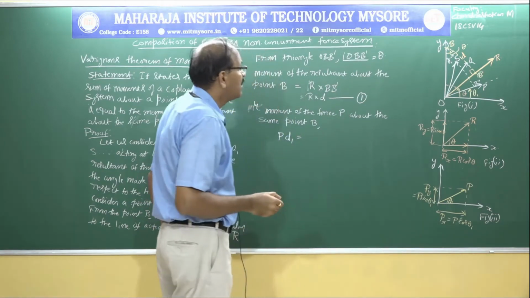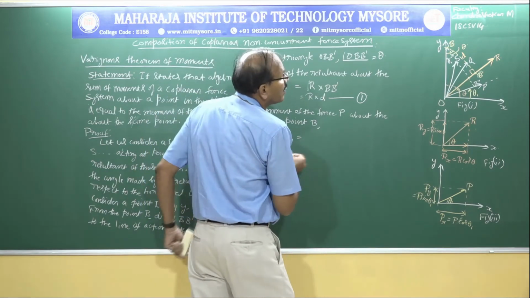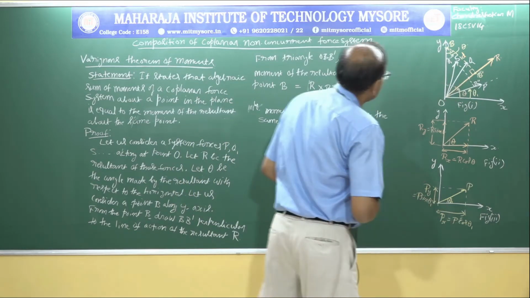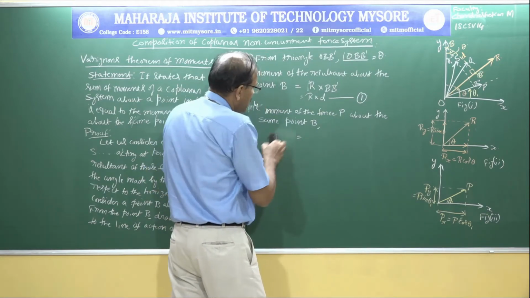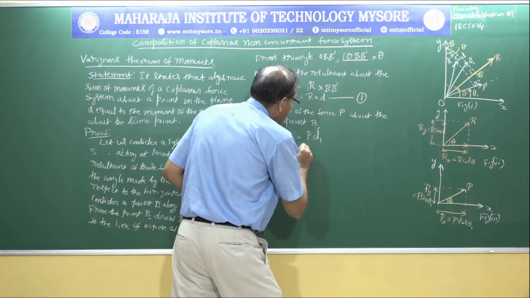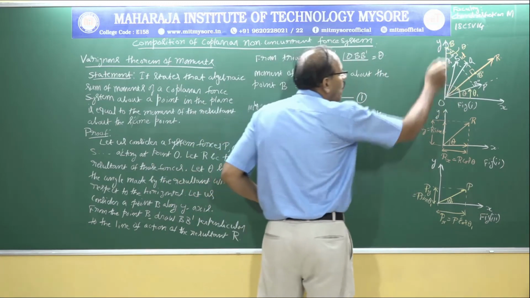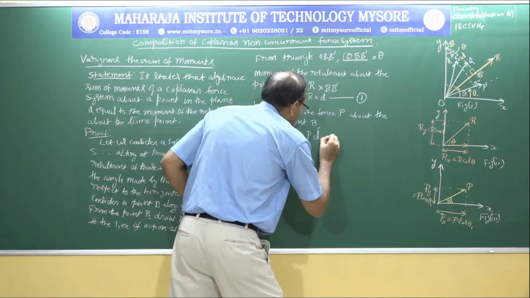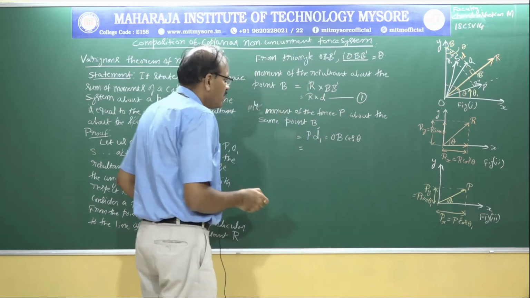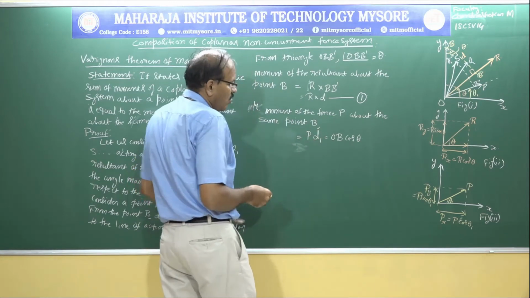What is D1, by the way? D1 equals OB cos theta. So the moment is P D1 equals OB cos theta.